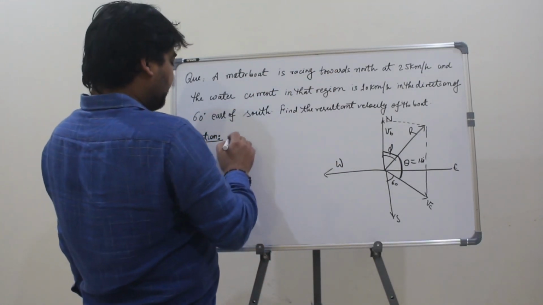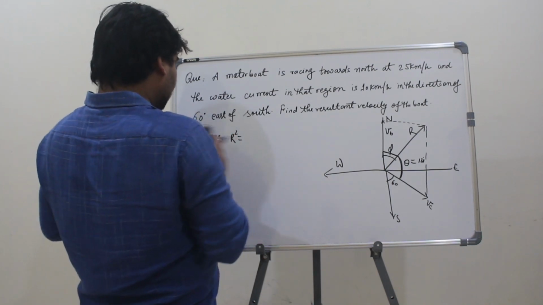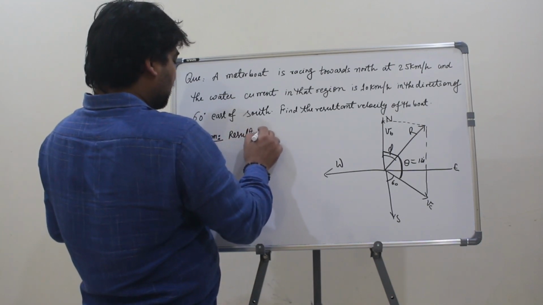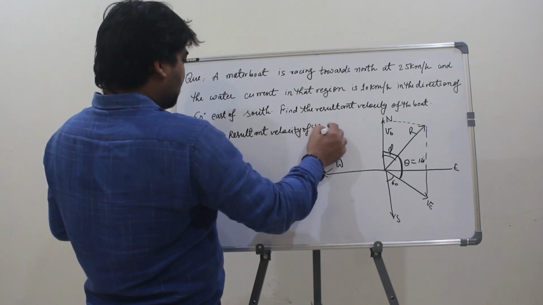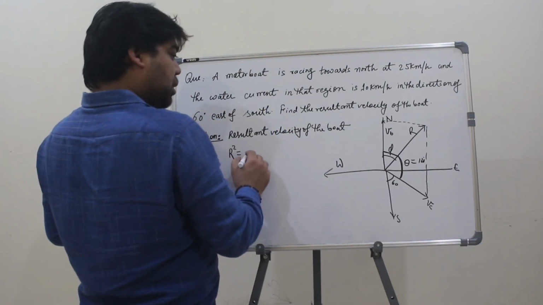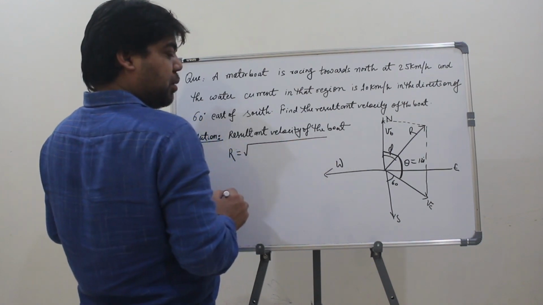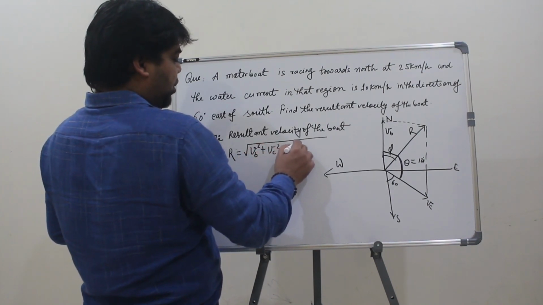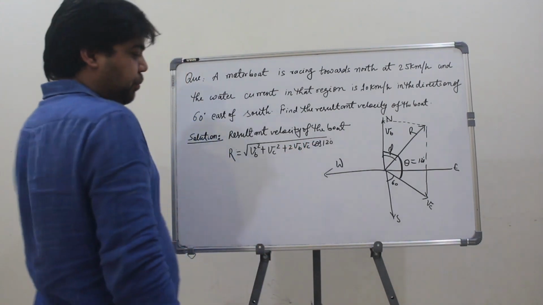The resultant R square is nothing but, using the same formula, the resultant velocity of the boat is R square is VB square plus VC square plus 2 VB VC and cos of the angle between, this is cos of 120 degree, right?